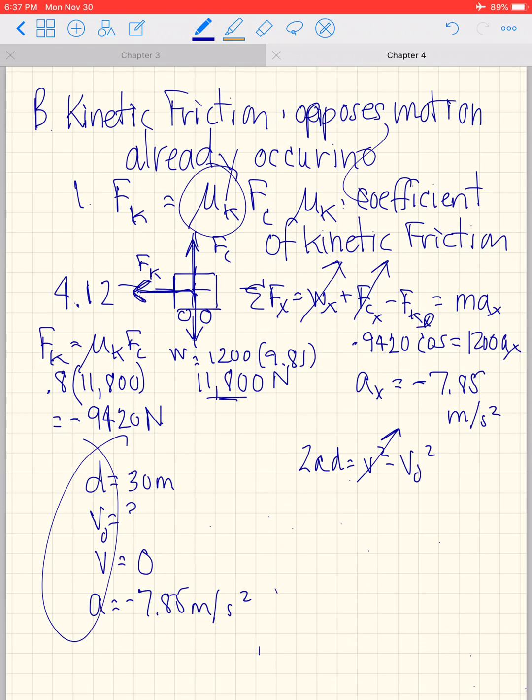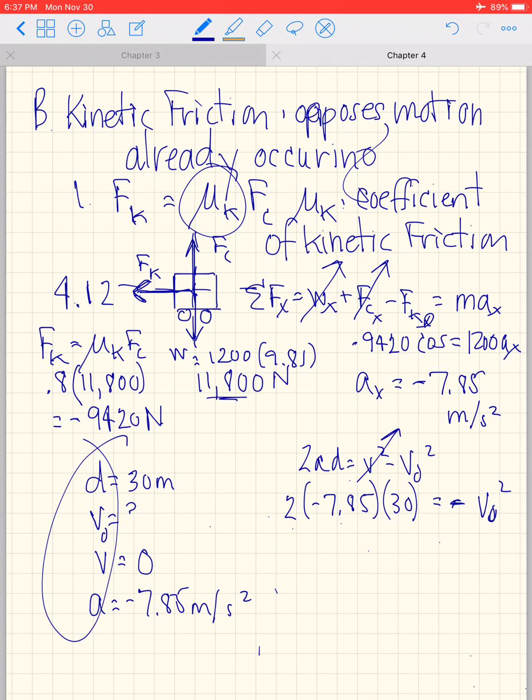And that cancels out. So I have 2 times the negative 7.85 times 30 is equal to a negative V naught squared.